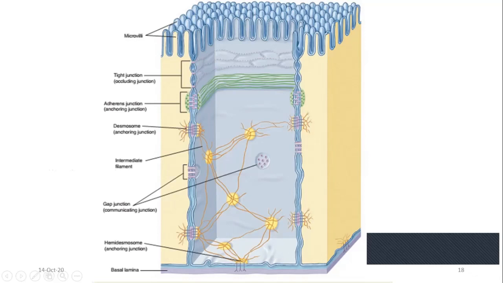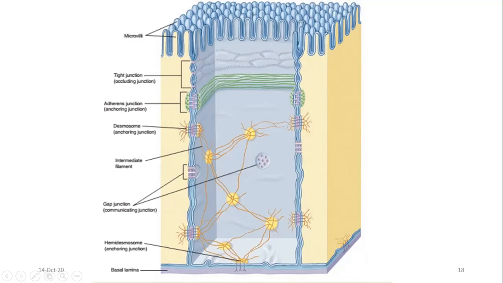Note the tight junctions here between this cell and this cell, and also there is the adherent junction or zonula adherens, desmosomes, and gap junction.